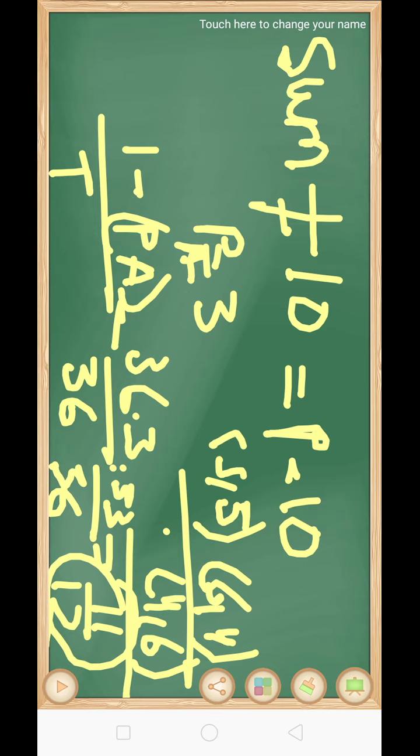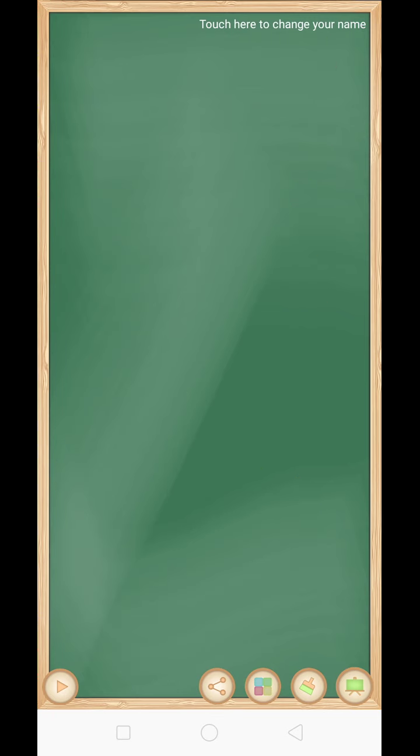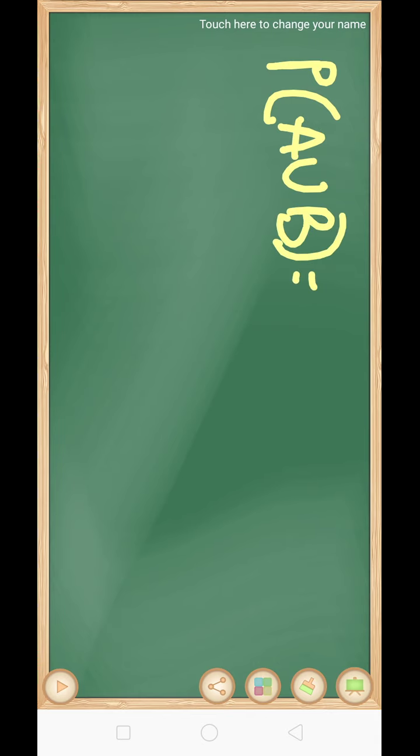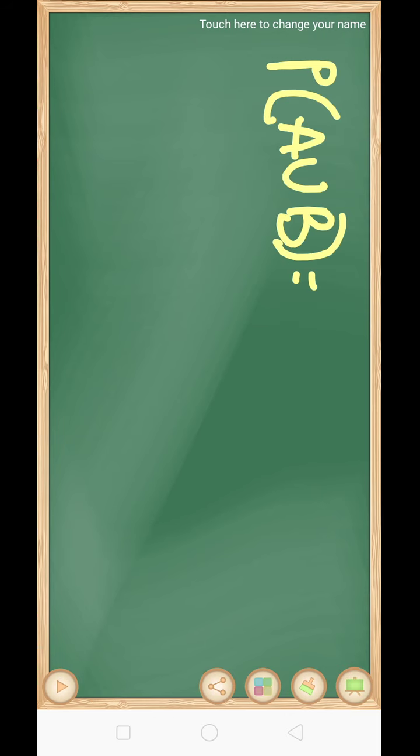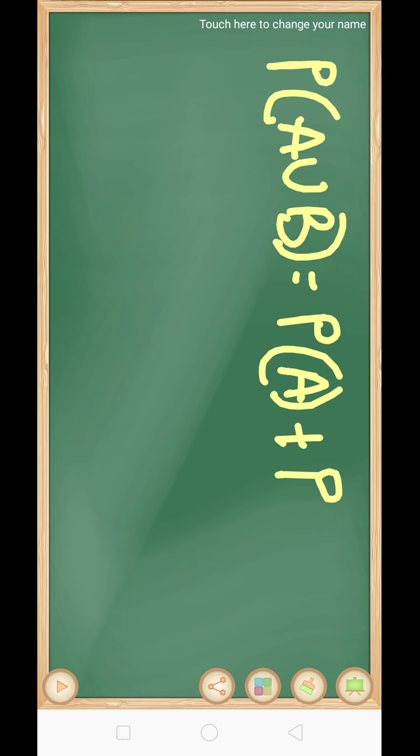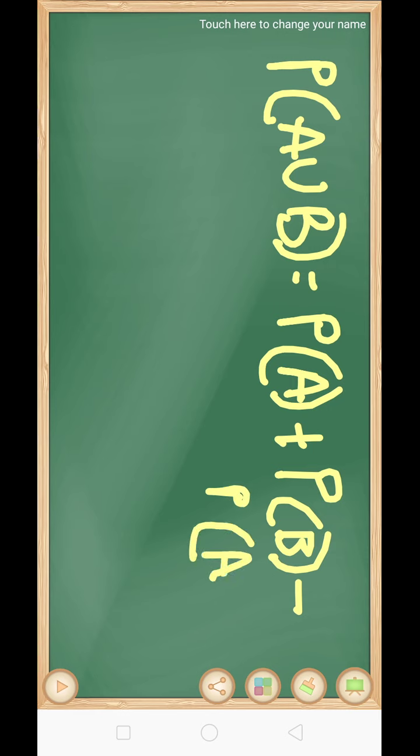So at this point we can move on to the second property. The second property is P(A union B) is equal to P(A) plus P(B) minus P(A intersection B).